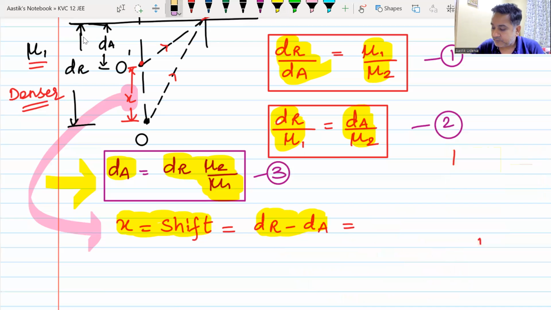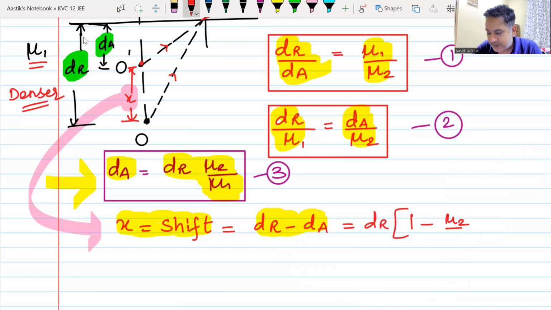So this x, which is the shift, is dr minus dA. Do we understand this? Dr minus dA is your x. You just put the value of dr, you just put the value of dA. So you will get dr into 1 minus mu2 by mu1, because dA is dr into mu2 by mu1.